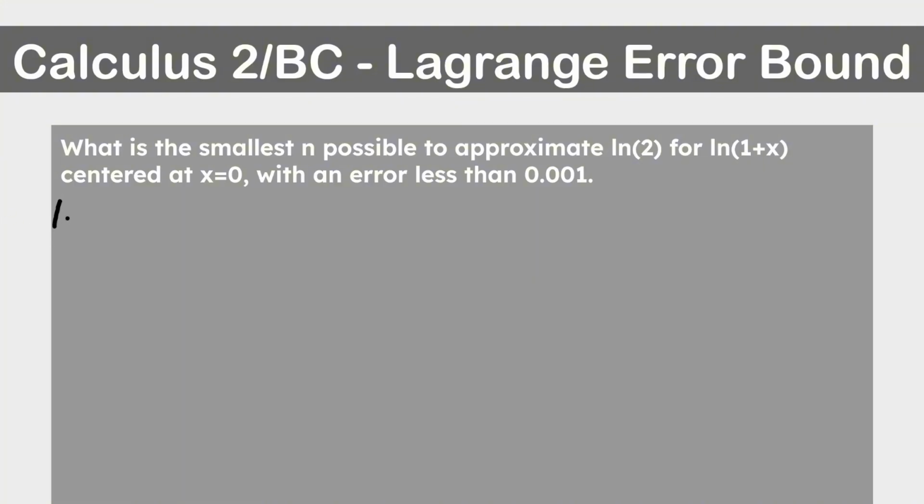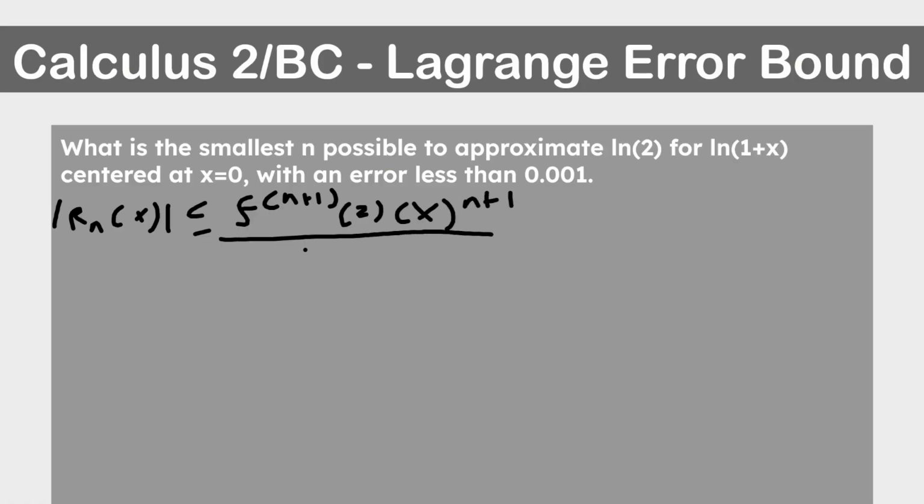So we have that the remainder at x is less than or equal to the n plus first derivative at z multiplied by x minus c, but c is equal to 0 because the center is at 0. So you just have x raised to the power of n plus 1 divided by n plus 1 factorial, and then put it in between absolute value signs, and this is going to be less than 0.001.